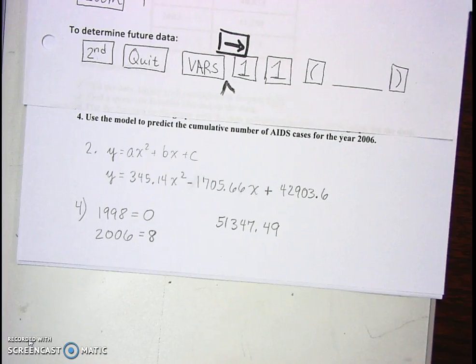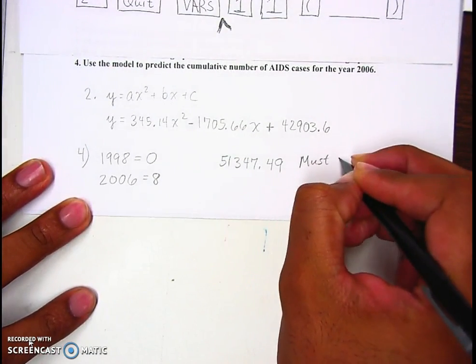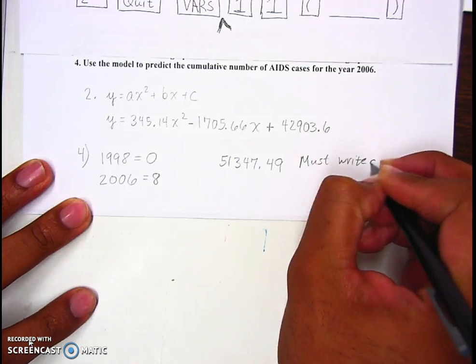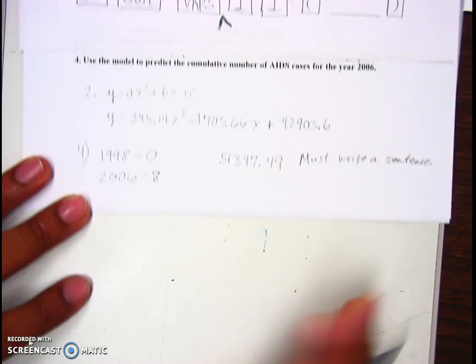This is actually something very important and very detrimental to people's lives. It's a real life situation. So if it's a real life situation, it's not just a number. So we need to write a sentence that explains what this number means. You must write a sentence.